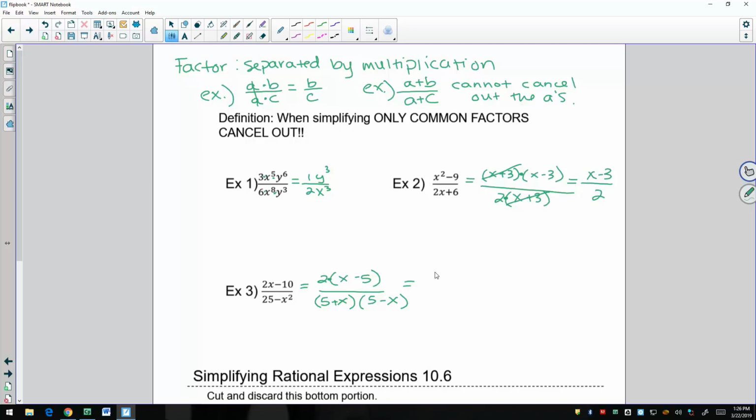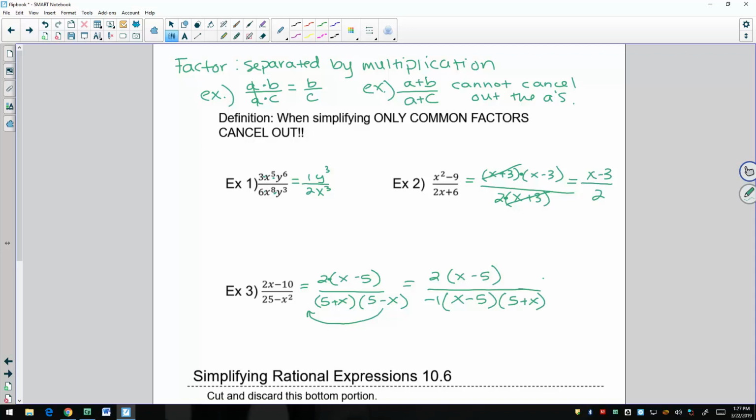So I am going to rewrite this with the 5 minus x. I'm actually going to put it out in the front, and when I pull out a negative 1, just from that term, I'm left with a positive x because it was negative, and then my positive 5 turns into a negative 5. This guy stays the same.